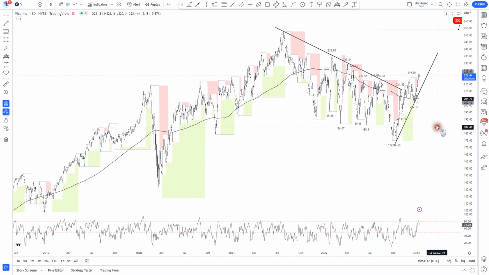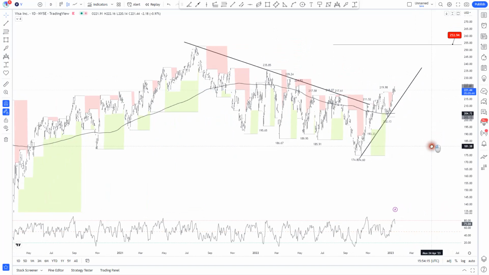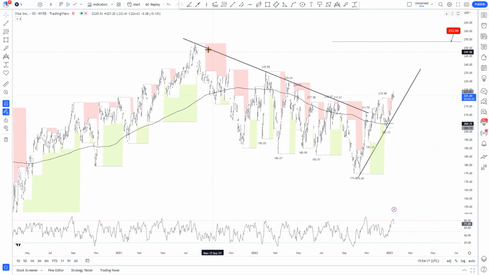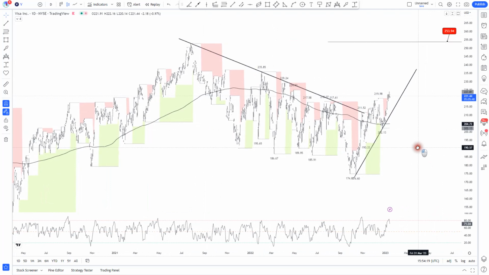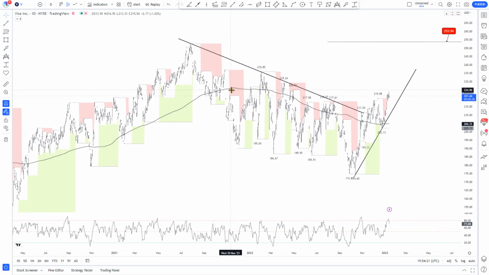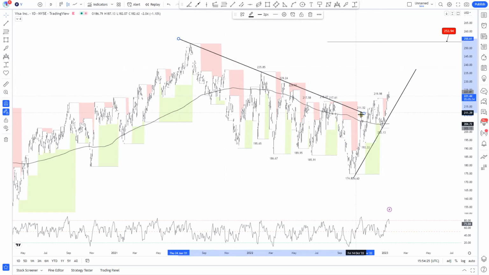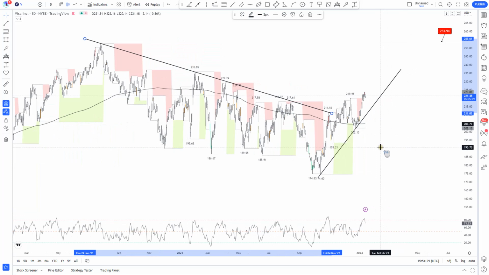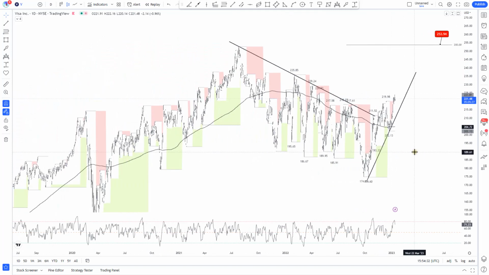But the main reason why I want to share this with you is because Visa is already trading above this period of consolidation, defined by this trend line. So pay attention to more moves to the upside.